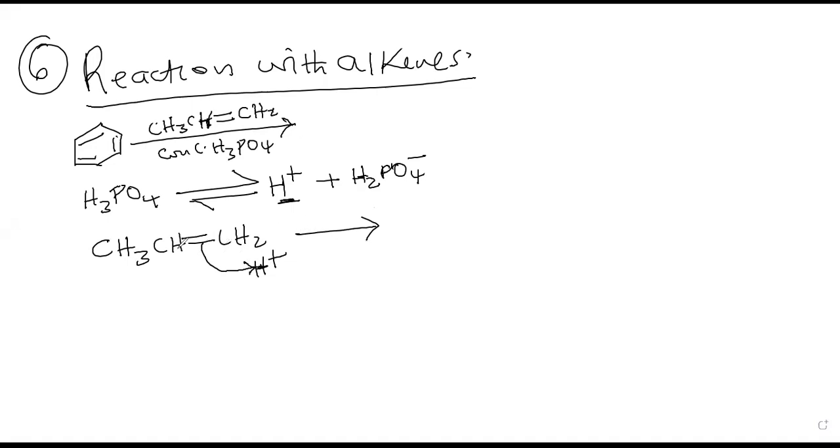Because remember, this will be a plus, and this will be CH3. So we shall have CH3 CH plus CH3, or one can write this as CH plus, then CH3 times 2. So still that is okay.